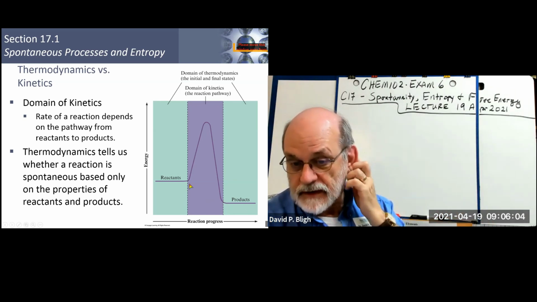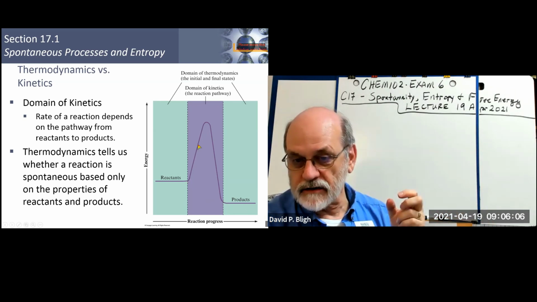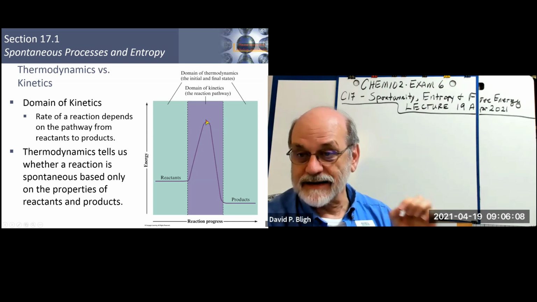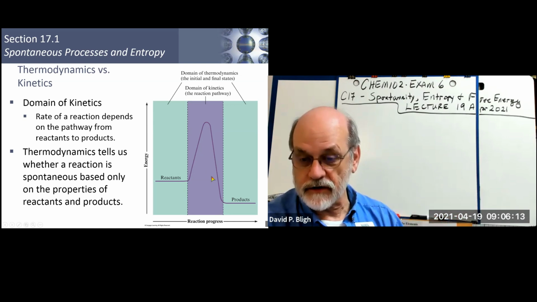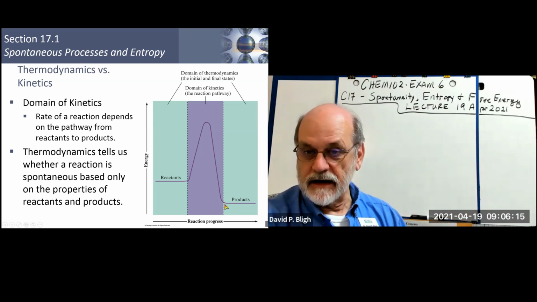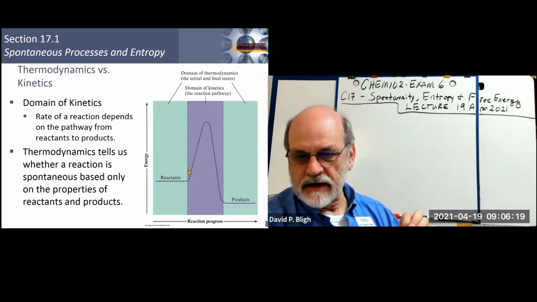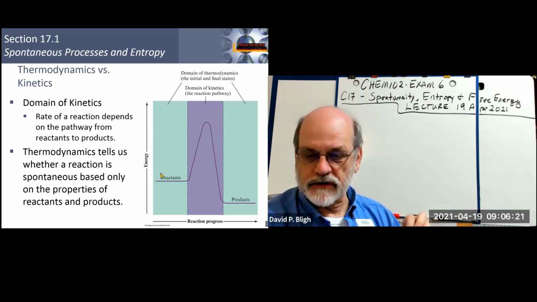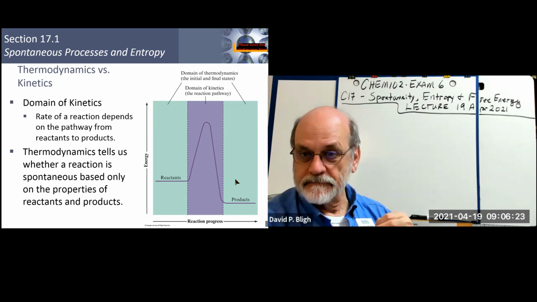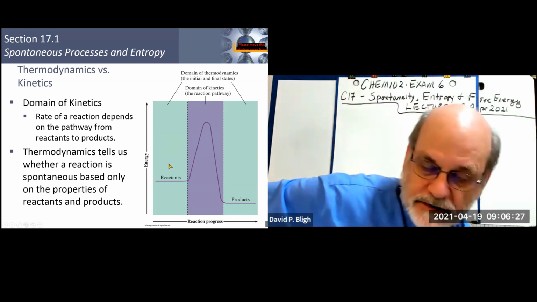And this part of the reaction where you reach the activation energy, and then if you get enough energy, you can go down the other side, is addressed by kinetics. The before and after situation, the reactants and the products, is addressed by thermodynamics.